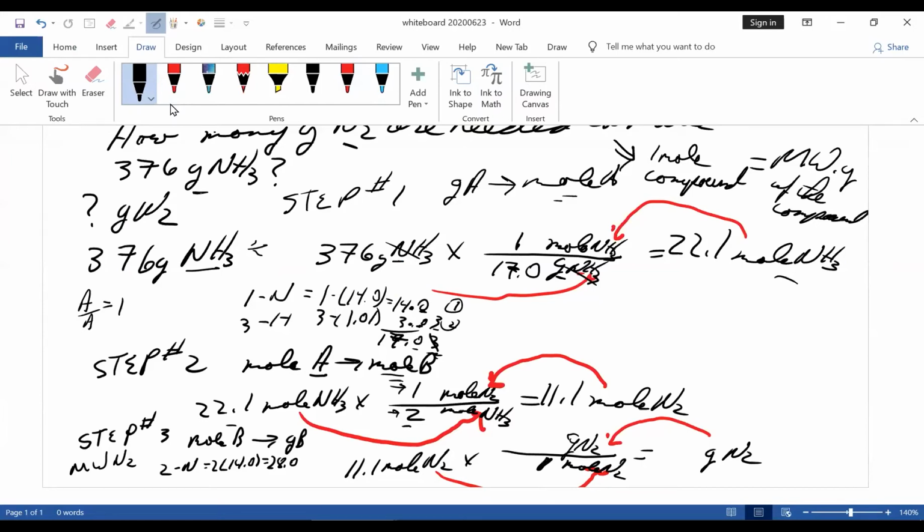One mole equals the atomic weight or the molecular weight of nitrogen gas, N2. Notice moles cancel out. I'm left with grams. And now I can go ahead and pick up my calculator.